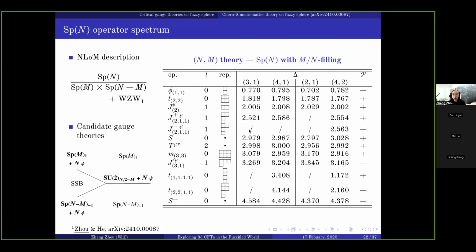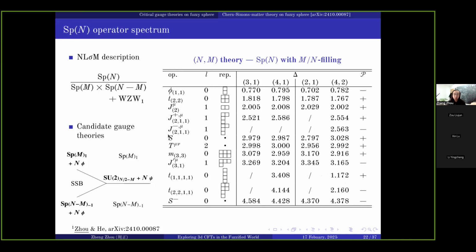For example, there are operators that do not exist in the SP2 theory, but start to show up in the SP3 or the SP4 theory. There are also operators whose scaling dimensions are very large in the SP4 theory with quarter filling, but turn out to be very small in the SP4 theory with half filling.